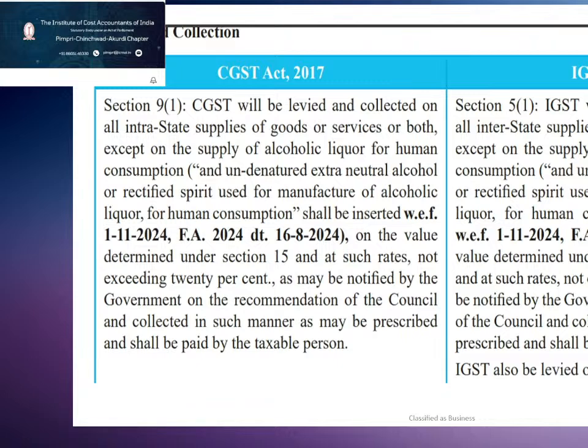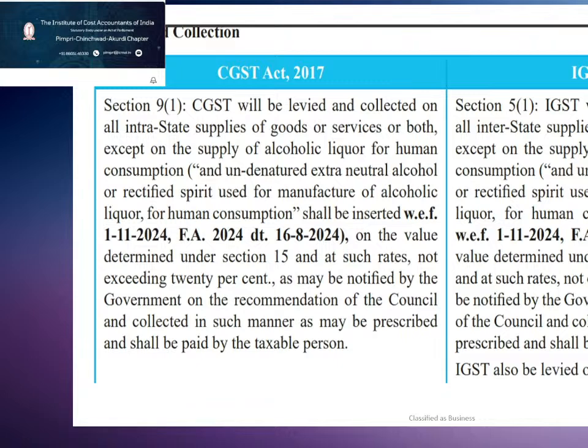This is just what the services by the e-commerce operators are. Then services by way of housekeeping, plumbing, carpenting, except where the person supplying service through the e-commerce operator is liable for registration. Then supply of restaurant services.